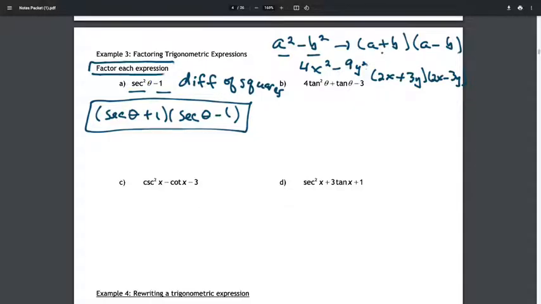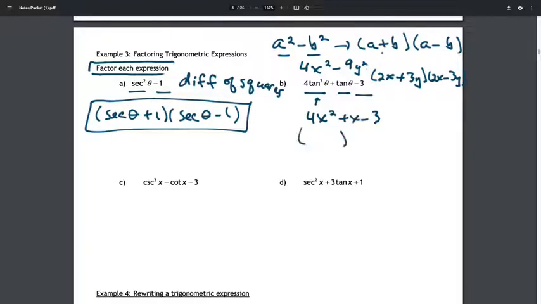On letter B, I want you to think about what we do if you've got a trinomial, three terms separated by pluses and minuses, where one of those terms is squared. It always factors to be a binomial times a binomial if we're able to factor it. So think about what you would have done with 4x squared plus x minus 3.